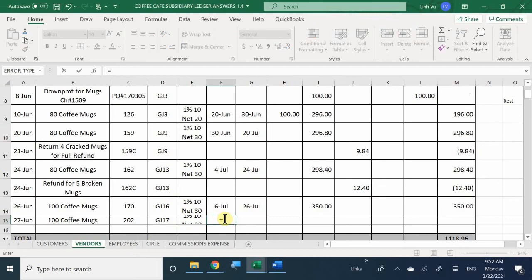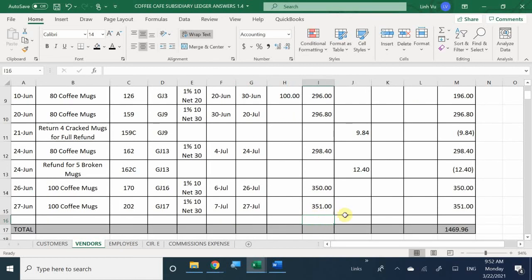I mean, what's the discount due date? July 7th. And then what is the actual due date? 27th of July. Okay. So the invoice amount was for 351, which we made no payment to. So therefore we owe 351.